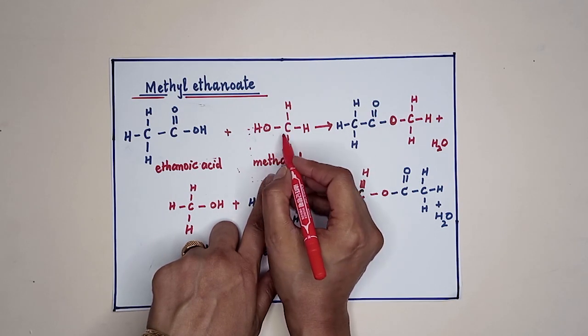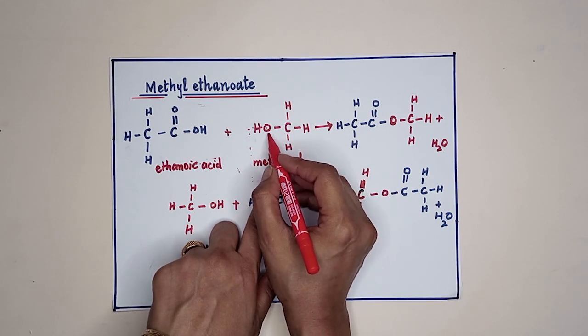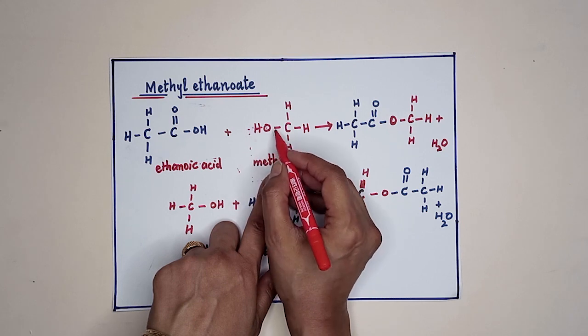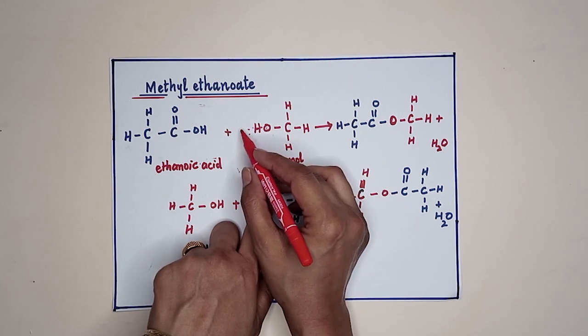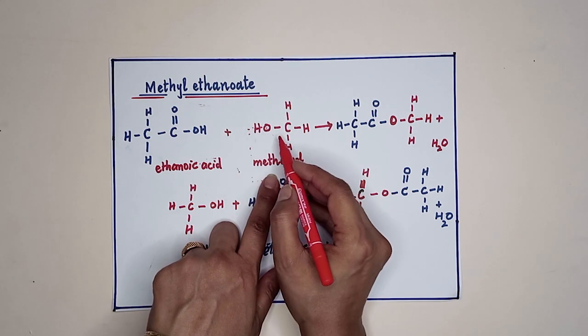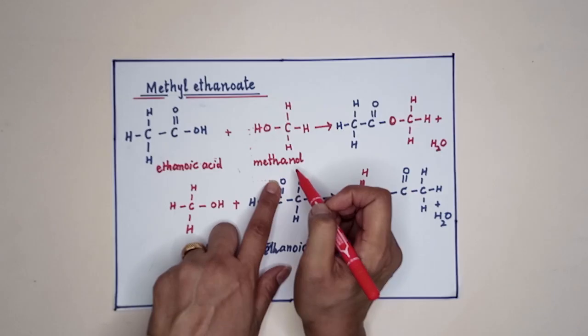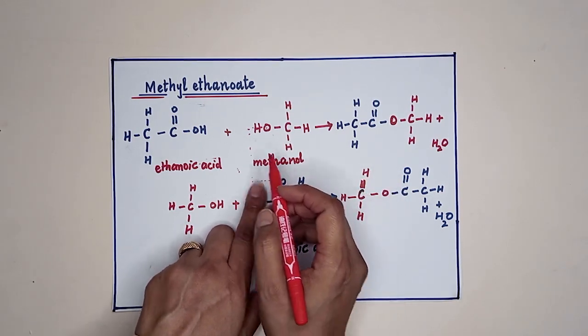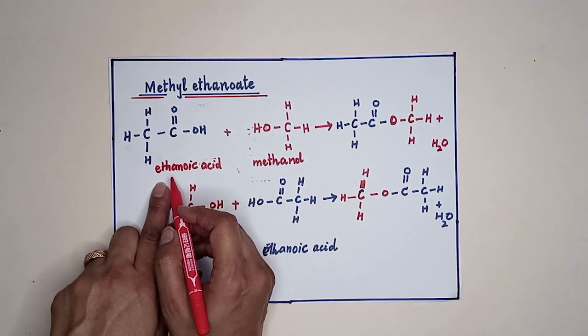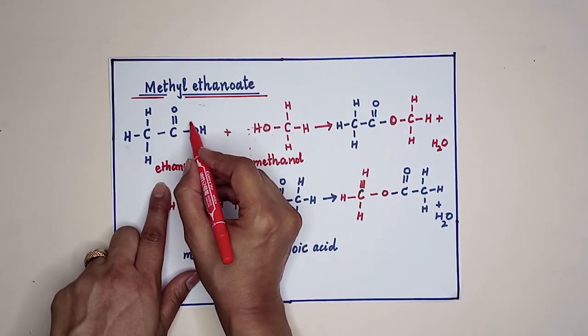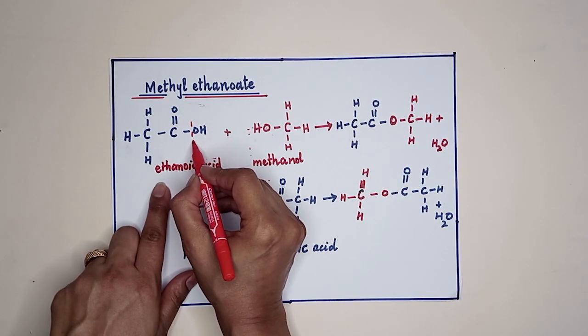Remember, whenever you write this formula, C will be combined with O, do not write the OH, right? O shouldn't be right here. So this is the methanol, and ethanoate comes from the ethanoic acid.